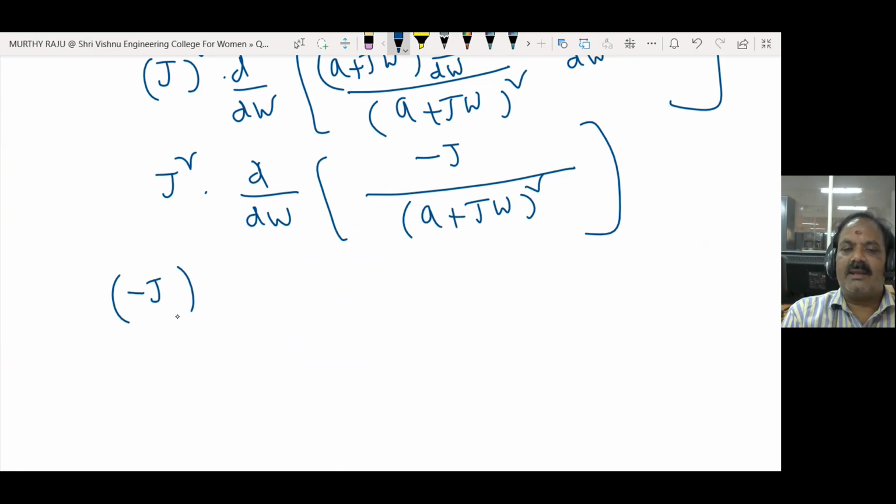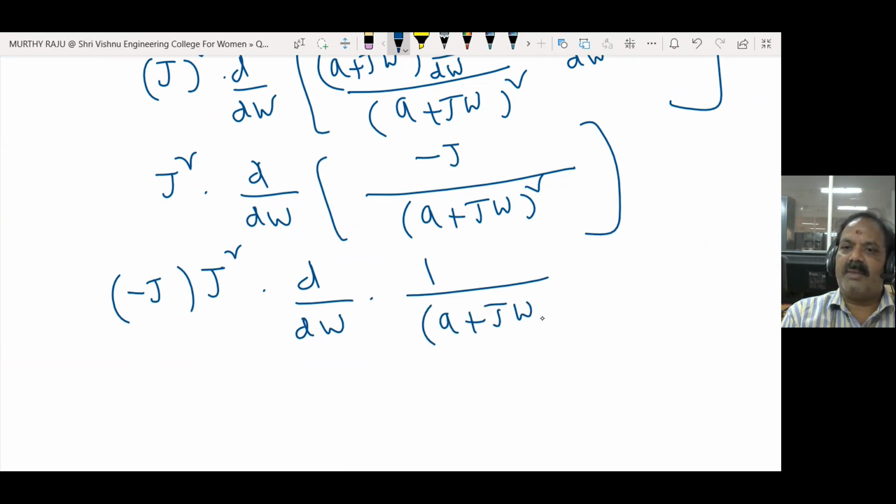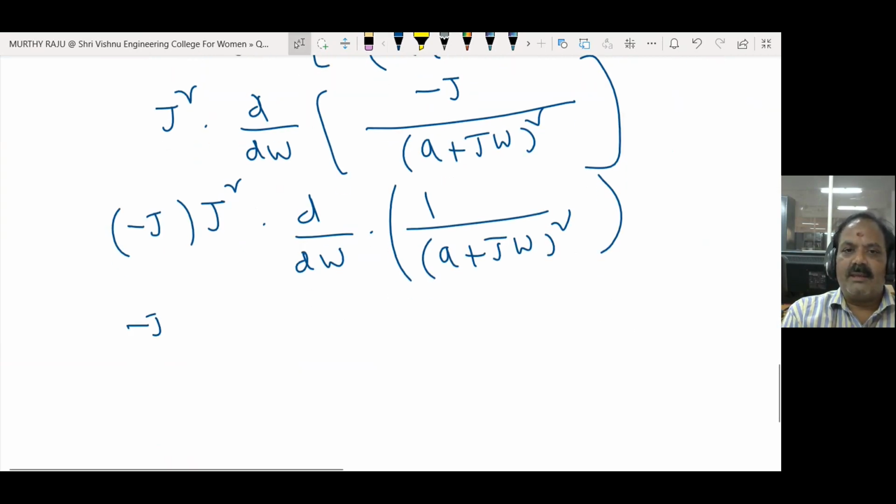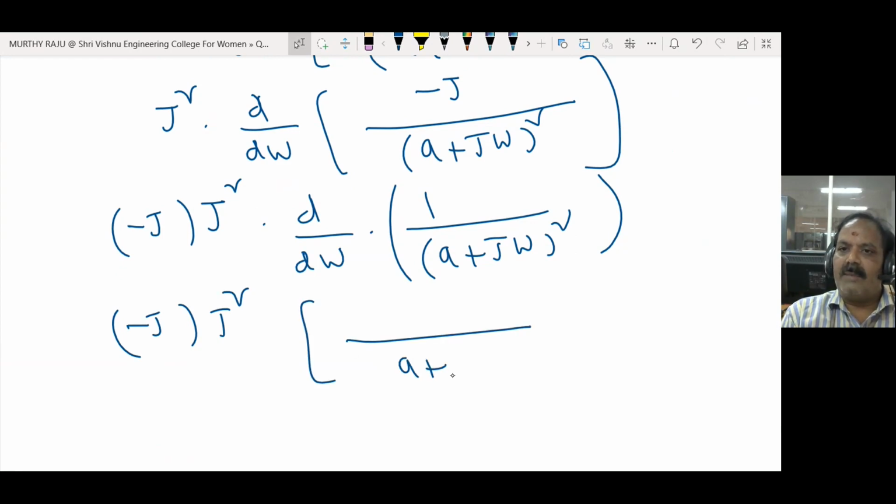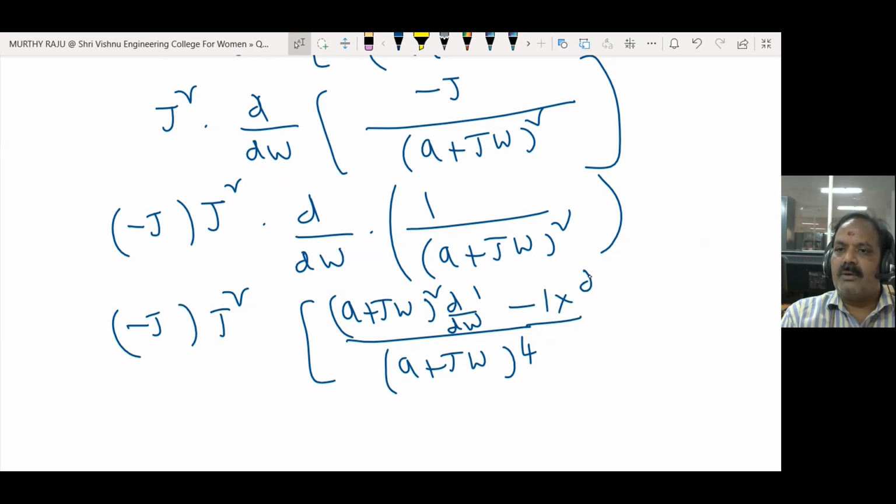Minus j, here j square d by d omega of 1 by a plus j omega whole square, minus j square d by d omega, again with a plus j omega whole power 4, a plus j omega whole square d by d omega of 1 minus 1 into d by d omega of a plus j omega whole square.